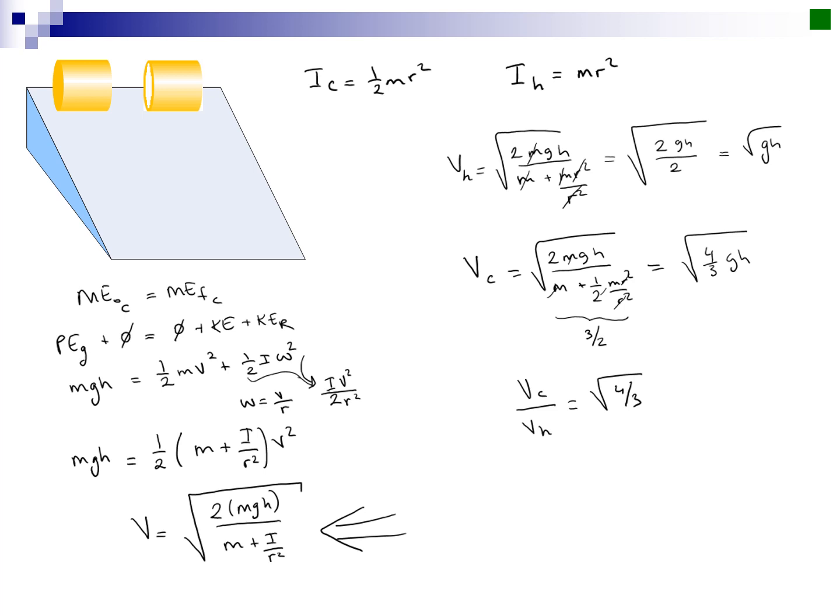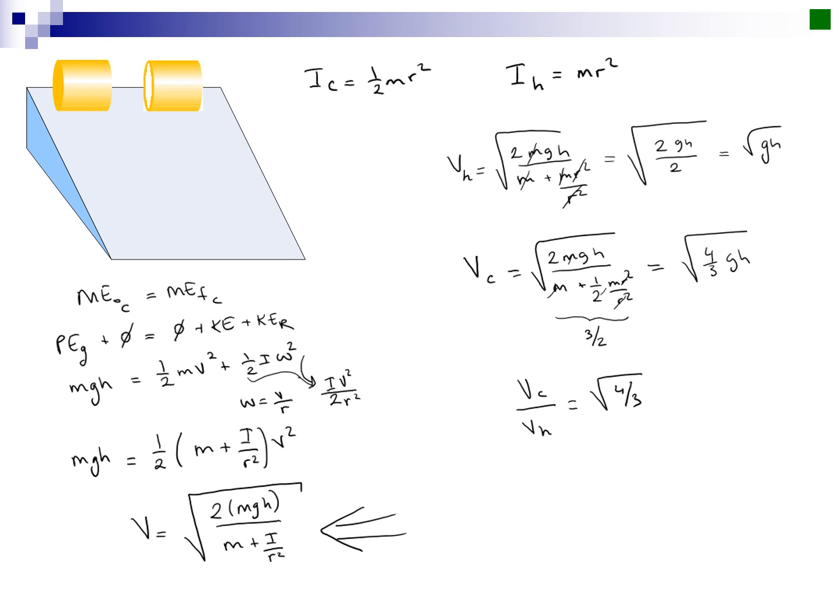Solving this for the tangential velocity, I get the square root of 2 mgh over m plus I over r squared. Now, I started solving this for the cylinder, but this equation will be no different for the hoop. So this is my equation. All I need to do is plug in the values for the moment of inertia, and that should be it.